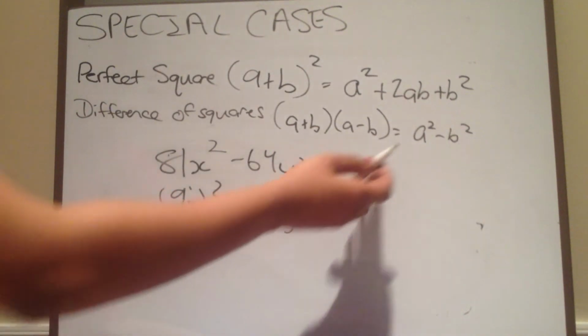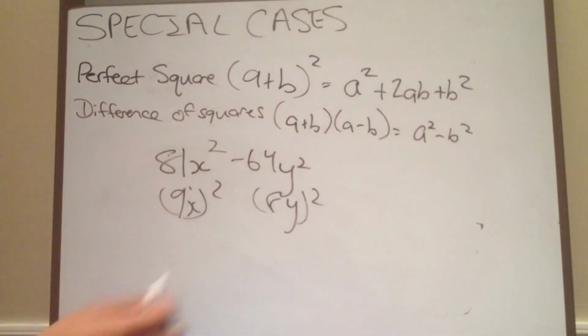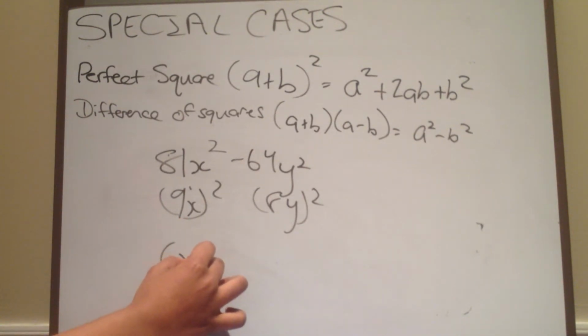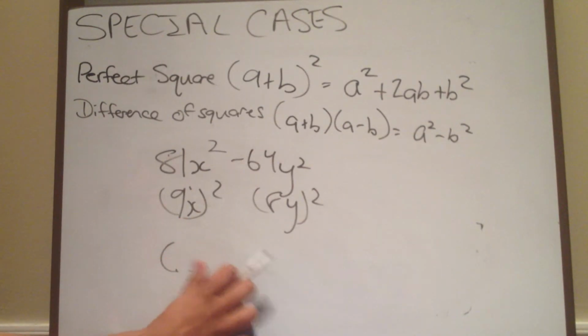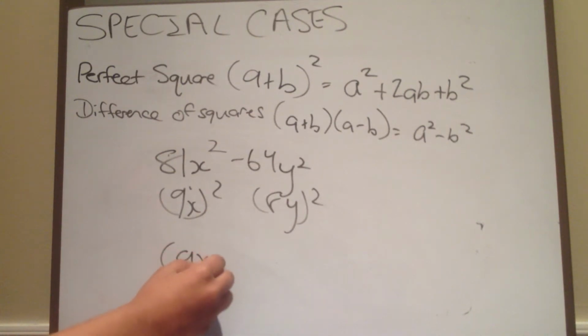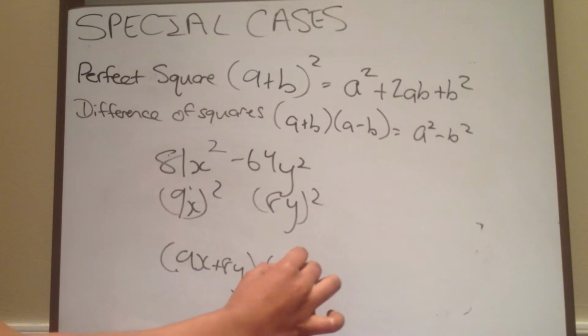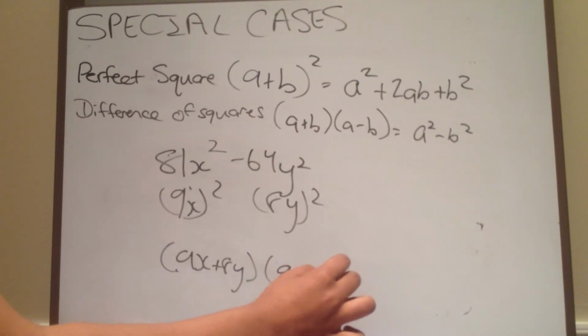Since you know that it should be a squared minus b squared, we could just do (9x plus 8y)(9x minus 8y).